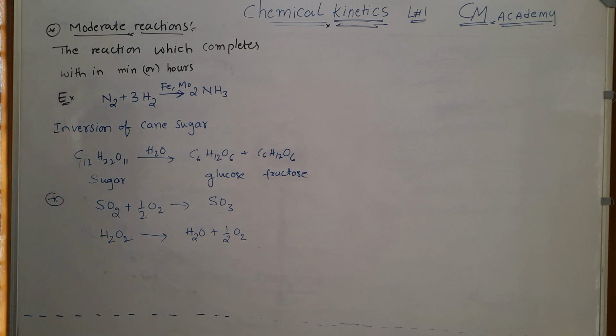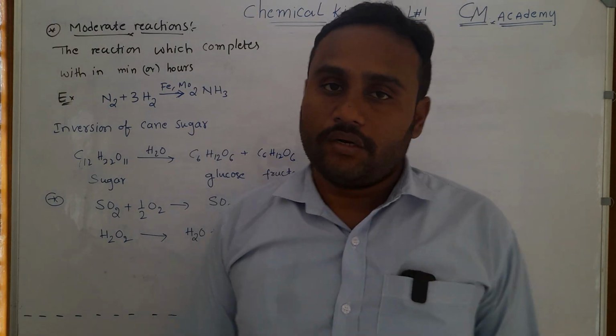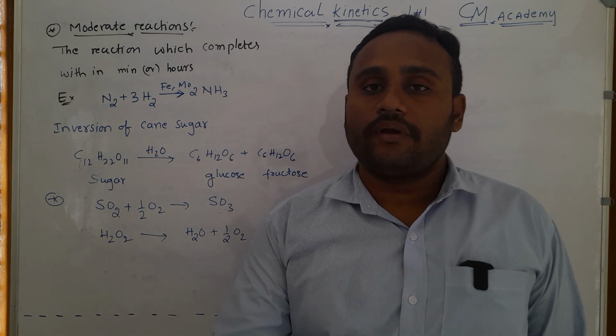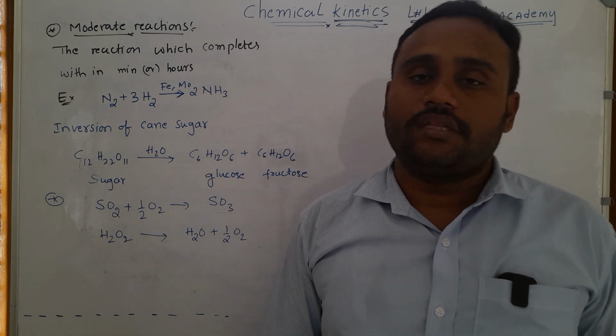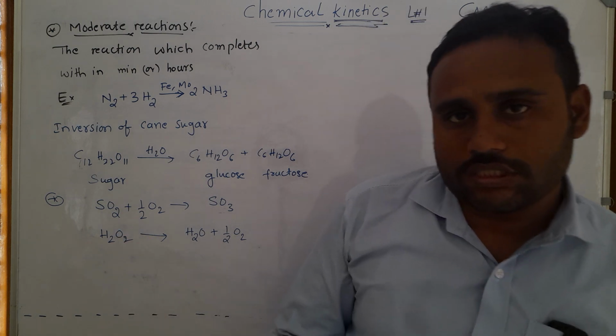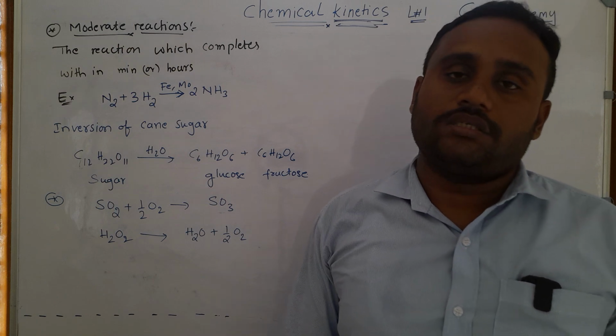So this is about different types of reactions based on the time required to complete the chemical reaction. There are three types of reactions: very fast reactions, very slow reactions, and moderate reactions.